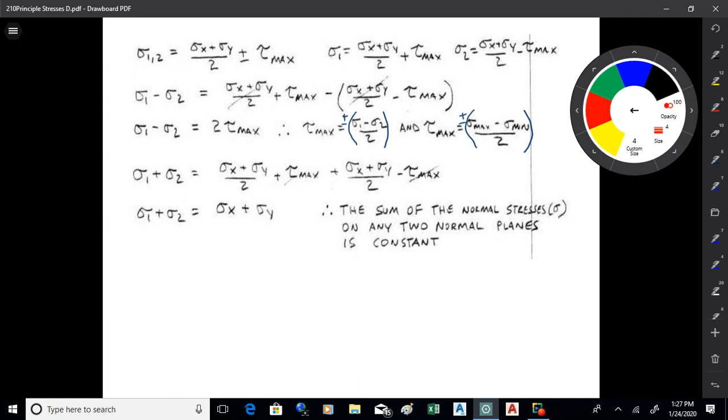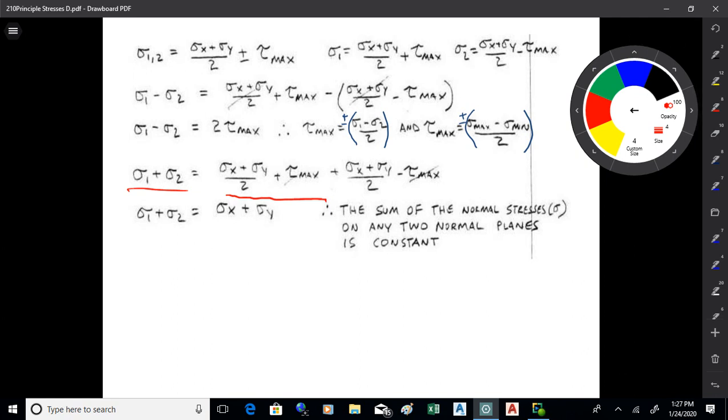And I'm on page 340 is where I am. Okay. So if you do that, you can get a couple other shortcut equations that are kind of handy. The first one is if you add sigma 1 and sigma 2, what you got is sigma x plus sigma y over 2 plus tau max, or the radical, whichever one you want to use.